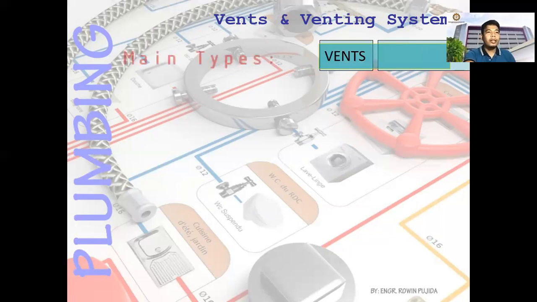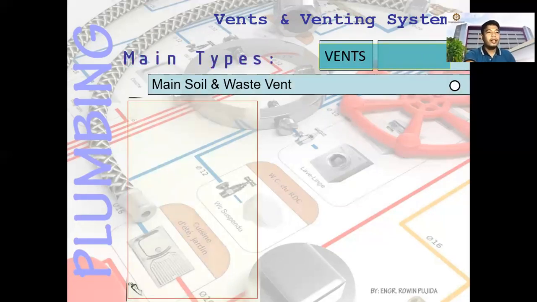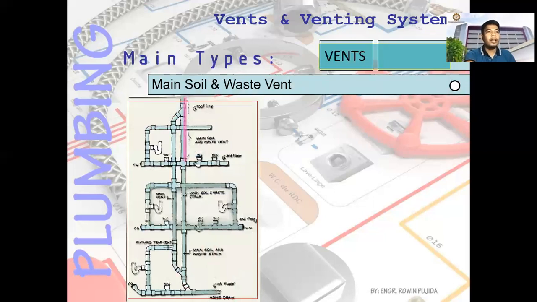So next, you have the main types of vents. You have the main soil. You have there in the figure the cyan color. That is the main soil and waste vent. So this is the backbone of the entire sanitary system.